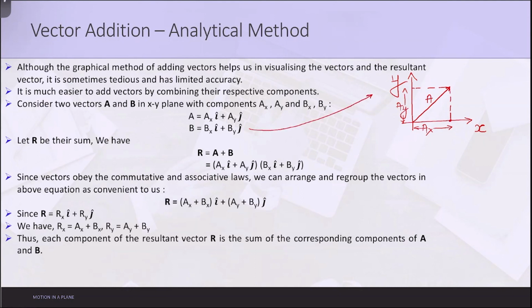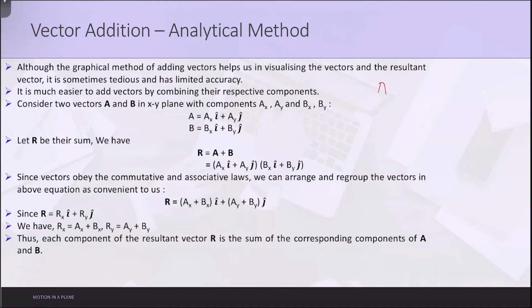That being said, how do we represent it? We have understood the representation in the previous example. Let's say we need to represent a. It will be the summation of two different vectors, I cap and j cap. The magnitude here will be ax, and the magnitude there will be ay. Similarly, the b vector will be the addition of two different vectors, I cap and j cap.